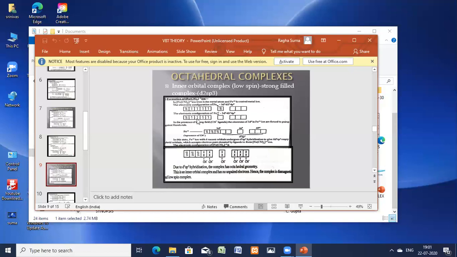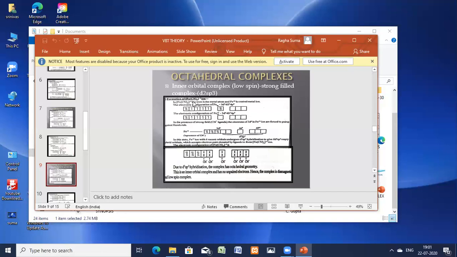So 3d6, 4s0, 4p0. Here you can see the involvement of the n minus 1 d orbital. n is 4, n minus 1 is 4 minus 1, which is 3. So the n minus 1 orbital is involved, and that is why you call it an inner orbital complex.